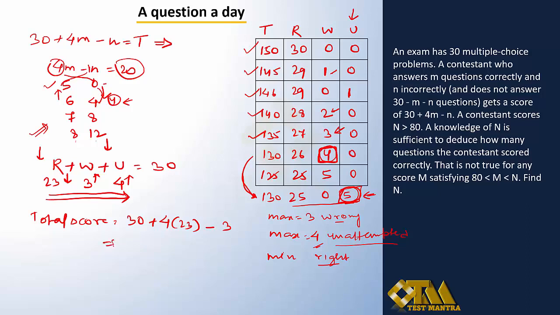So let's try to find out 30 plus 92 minus 3, or else 30 plus 89, which is supposed to be 119. So if I have a score as 119, the person can easily identify how many right attempts are there.